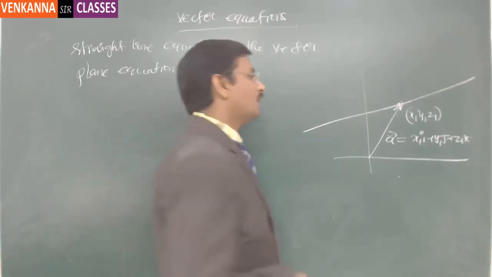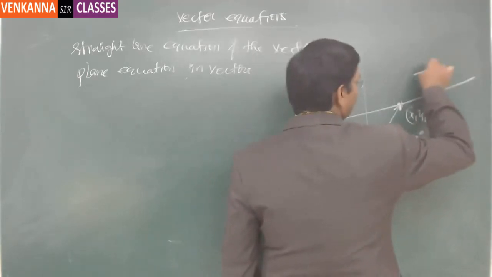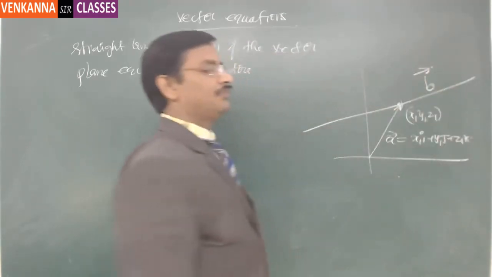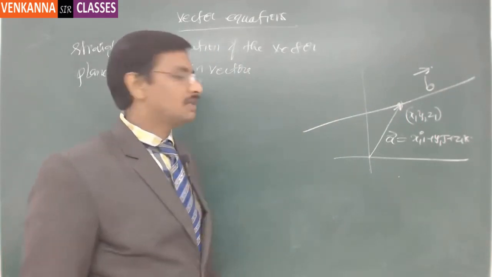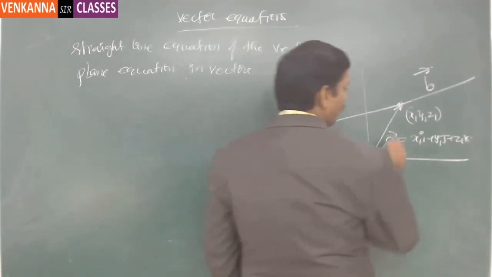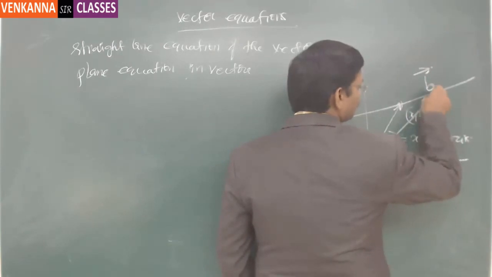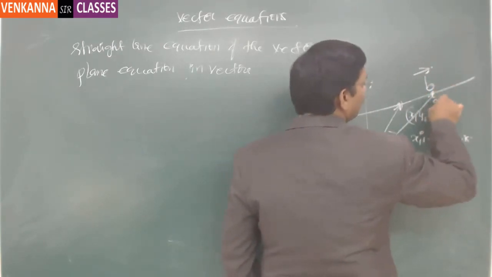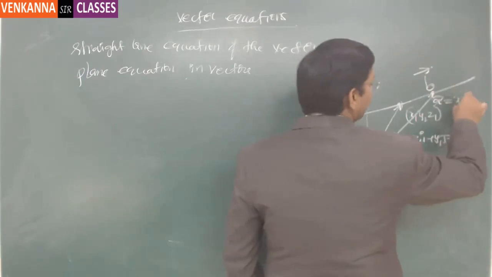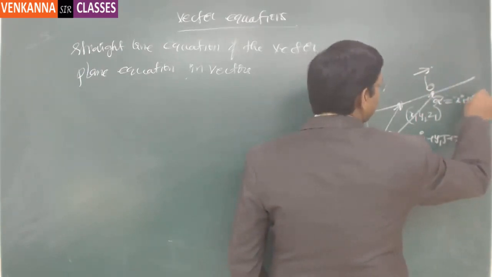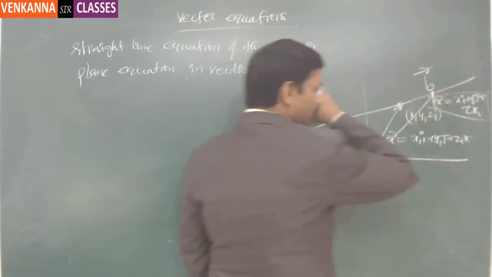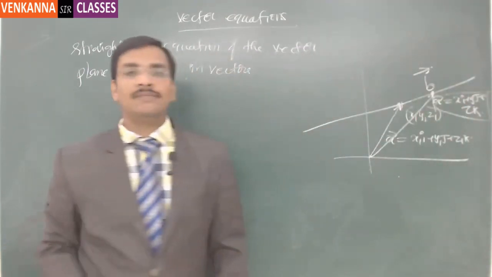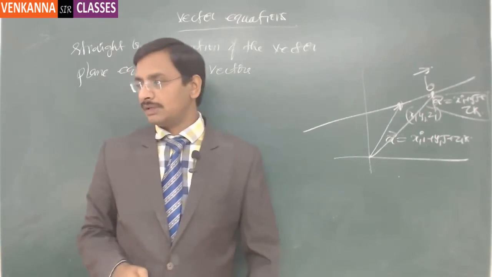Let us say this is vector b. Then the equation of this straight line is nothing but identifying a point on this particular straight line. So this position vector r, which will give xi plus yj plus zk. If you are able to identify this point uniquely on this line, then that is nothing but the equation of the straight line. Got it?